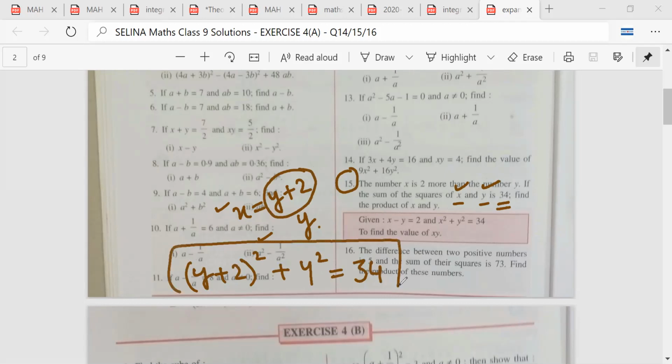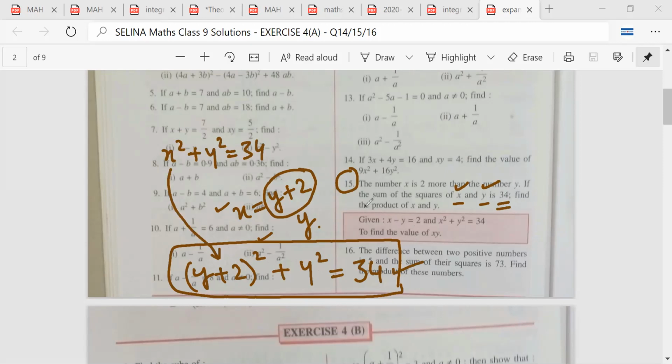Any doubt? No, sir. If you find this confusing, you can first write x square plus y square is equal to 34, and then in place of x you can write y plus 2. So (y plus 2) whole square plus y square would be 34.